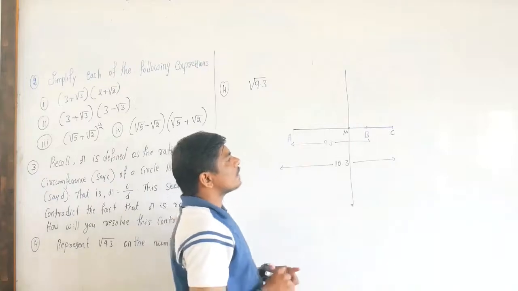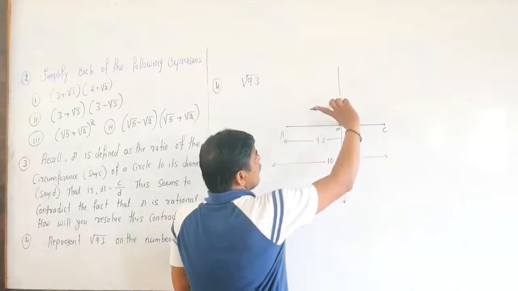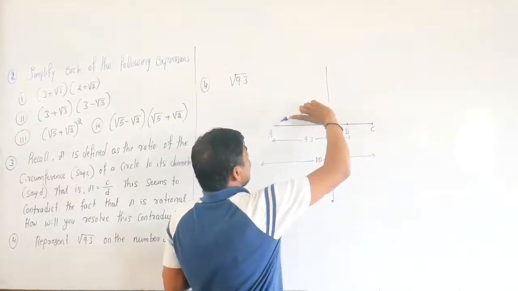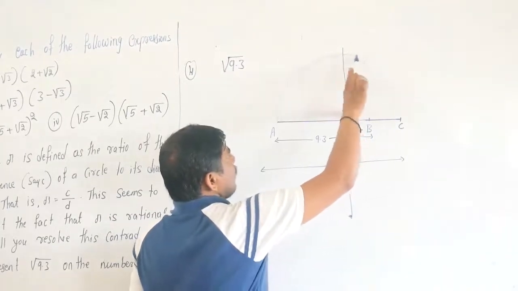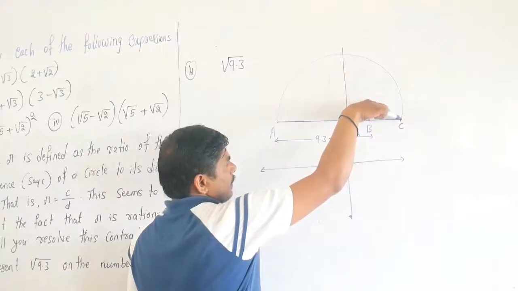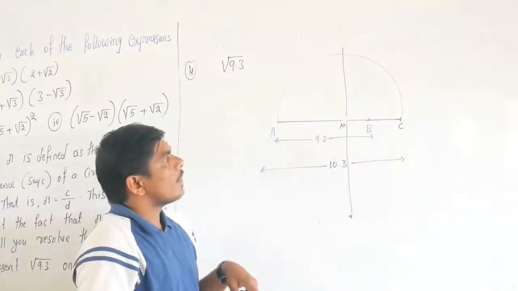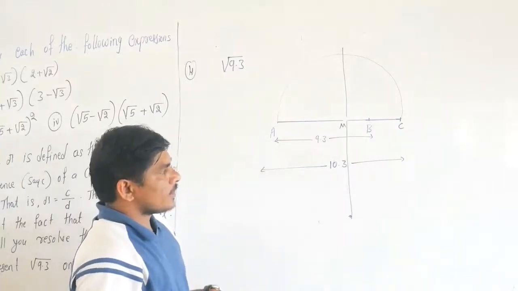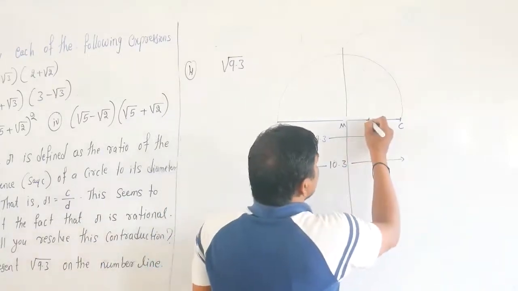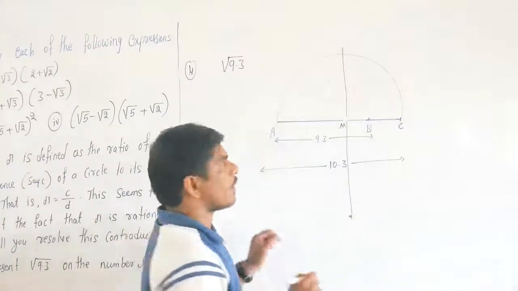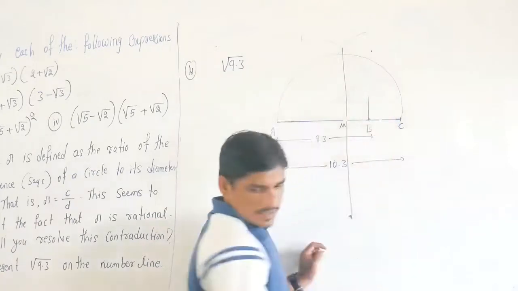Now again, by using the compass, with M as the center and AM or CM as the radius, draw the semicircle through A and C. Then, at the point B, using a protractor, mark 90 degrees and join it by using a scale.